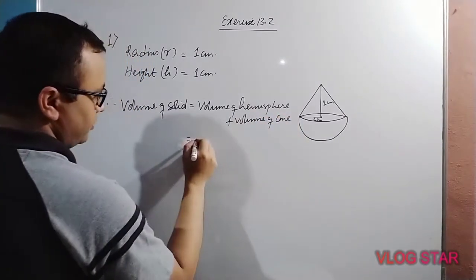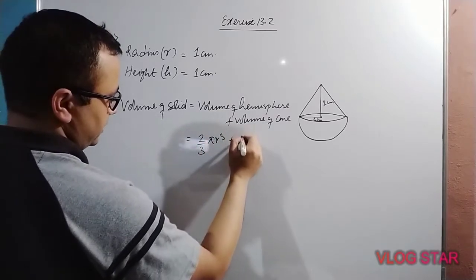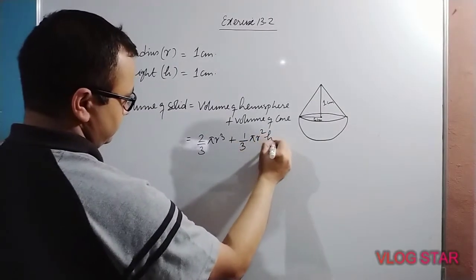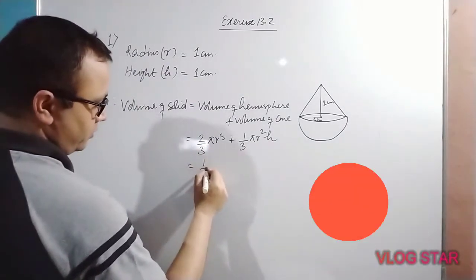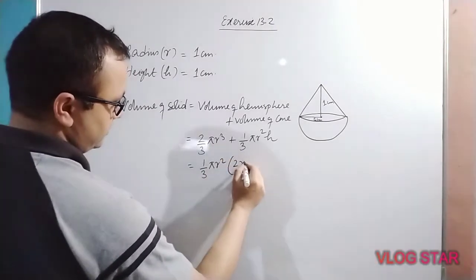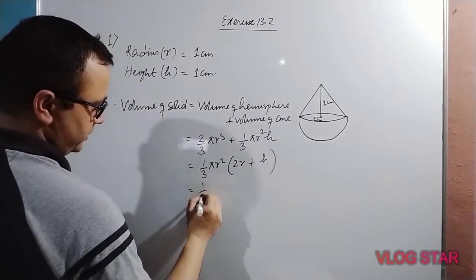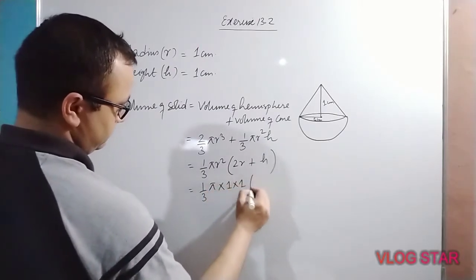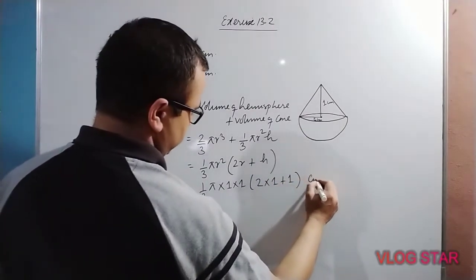We know that the volume of a hemisphere is 2 by 3 pi r cube, plus the volume of a cone, 1 by 3 pi r square h. We can take 1 by 3 pi r square common. Here 2r is left, plus here h is left. So 1 by 3 pi, 1 into 1, into 2 into 1 plus 1, centimeter cube.